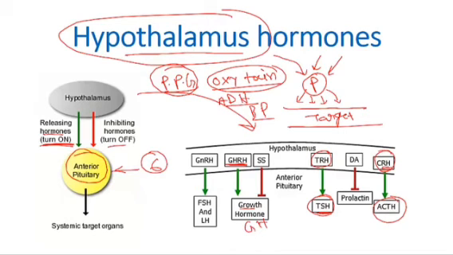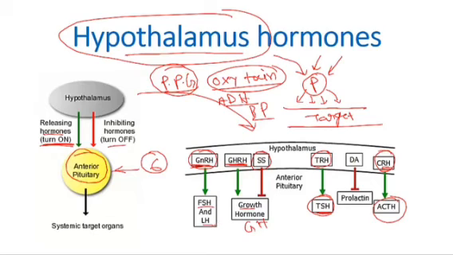Now, all those releasing hormones we talked about: thyrotropin releasing hormone, TRH, helps the release of TSH from the pituitary. Growth hormone releasing hormone is responsible for the release of GH from the pituitary. Somatostatin is required for inhibiting the secretion of growth hormone by the pituitary. Gonadotropin releasing hormone, GnRH, regulates and influences the pituitary to produce FSH and LH.